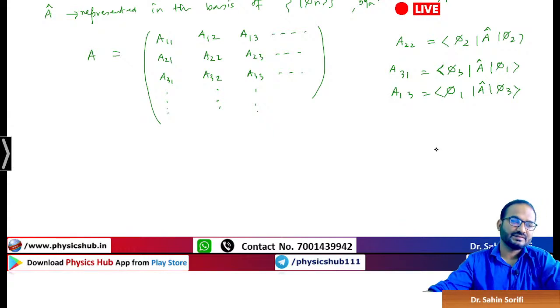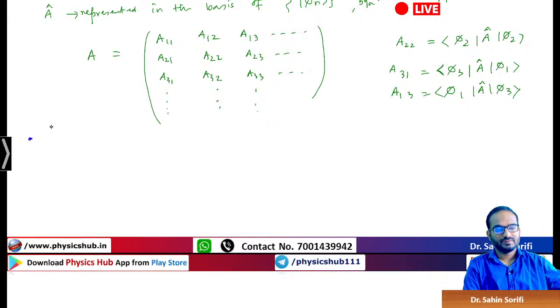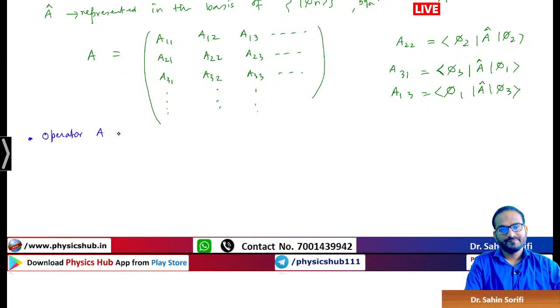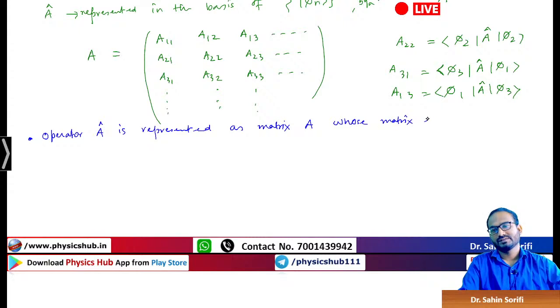So let's summarize this. If you want to represent operators, let's say we have an operator A, it is represented as matrix A whose matrix elements Aij are defined as follows.